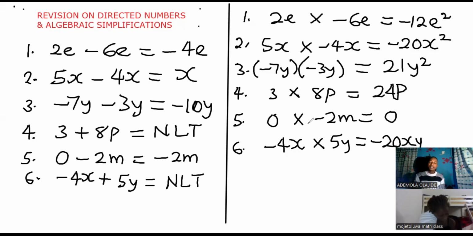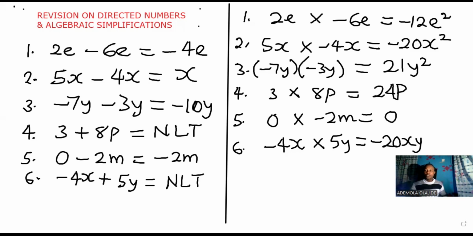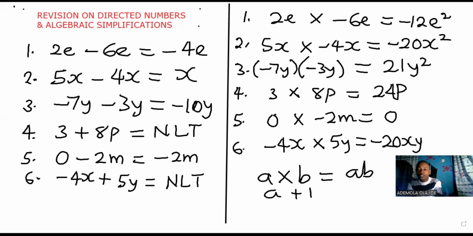If you multiply A and B, A times B will give you what? Let me say again: if you are multiplying letter A and B, if I give you A times B, what will that give you? AB. AB, correct. If you are to add A and B, A plus B, what will it give you?